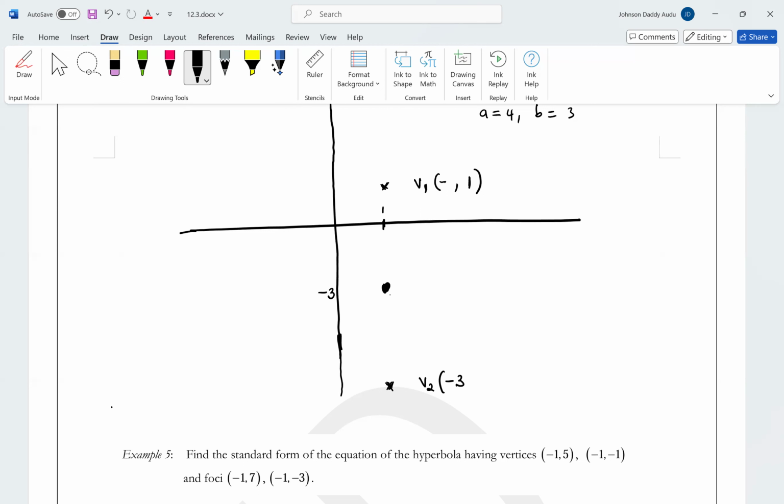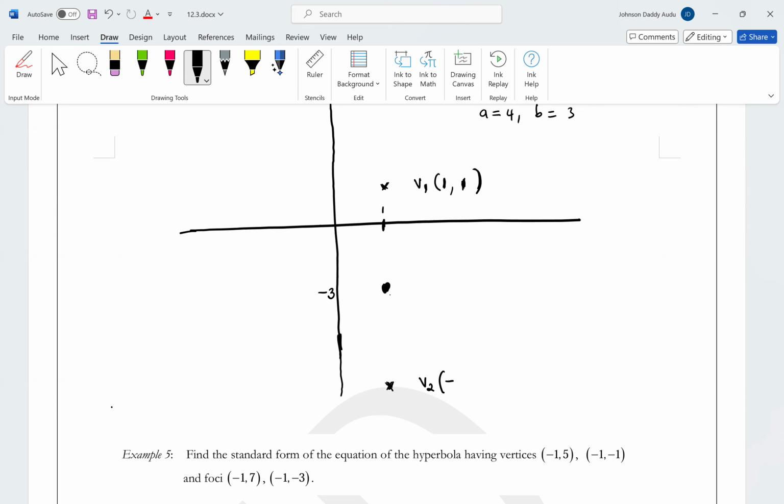Okay, for the V1, look, the value of x is still 1. So it's going to be 1 and 1, because the x value is 1. The y value, this is minus 3. If you add 4 to minus 3, the y value will be 1. So the first vertex is (1, 1).